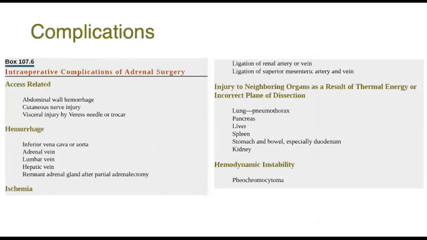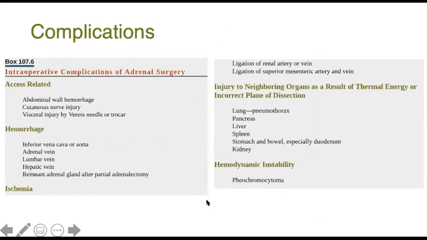Aside from that, we should know the complications. There are two types, intra-op and post-op. For the intra-op, usually access related, for lap or open. Usually bleeding or hemorrhage, ischemia, and injury to the neighboring organs as a result of thermal injury with incorrect plane of dissection, depending on your access.